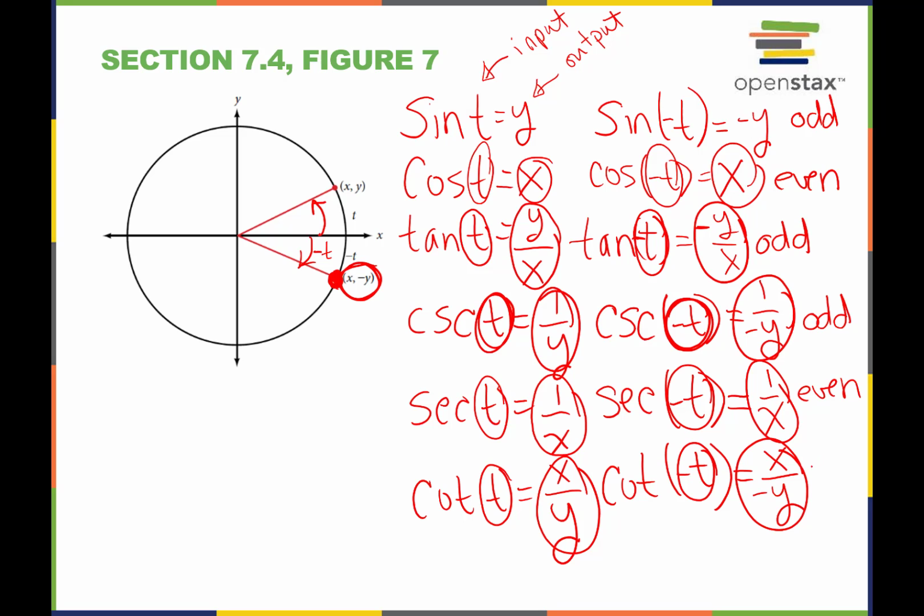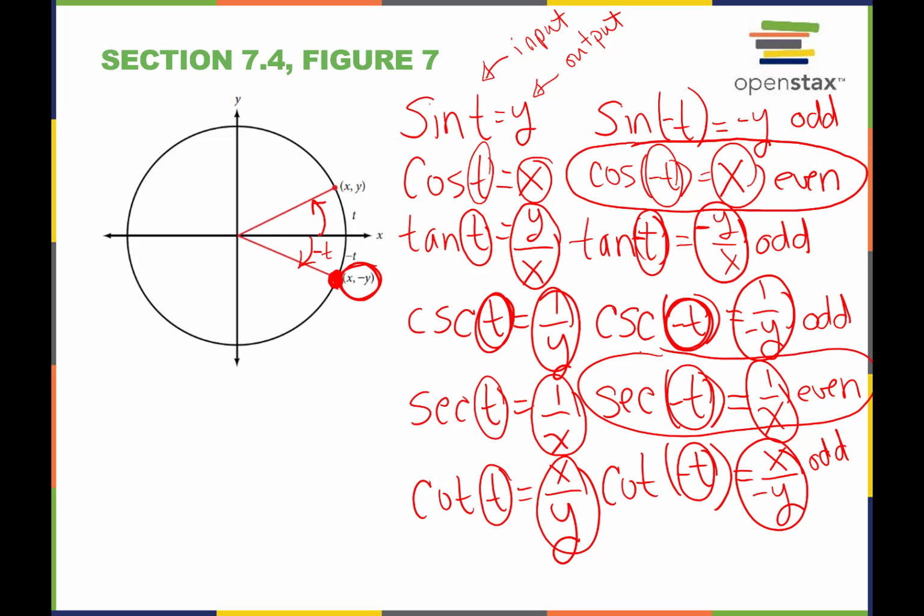That tells me cotangent is an odd function. So what I want you to notice is that all of these functions are odd except for cosine and secant. Cosine and secant are the only trig functions that are even. Everything else is odd.